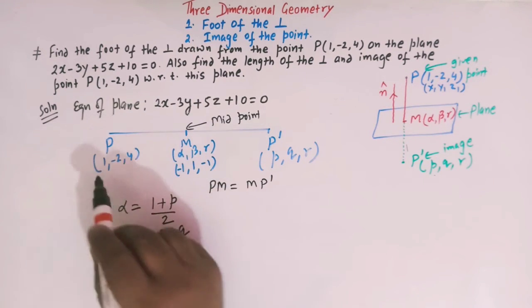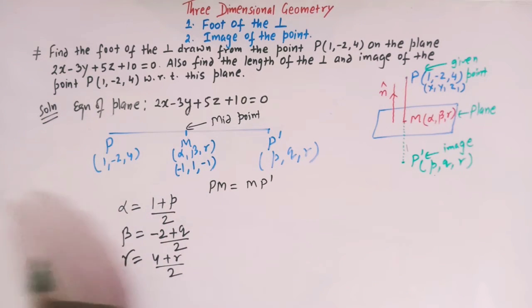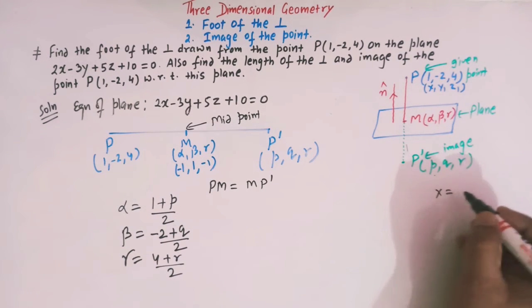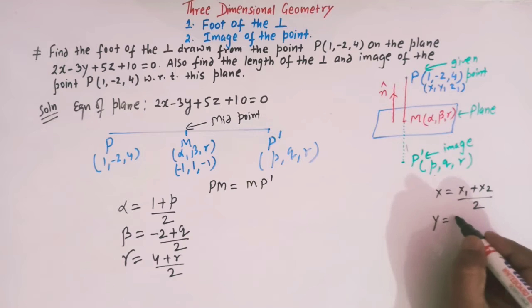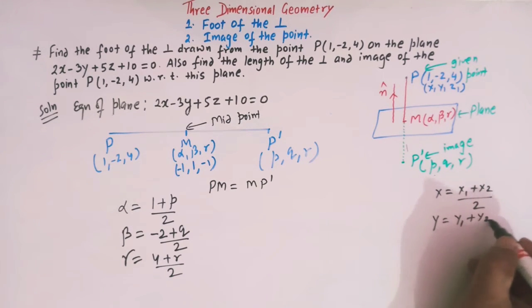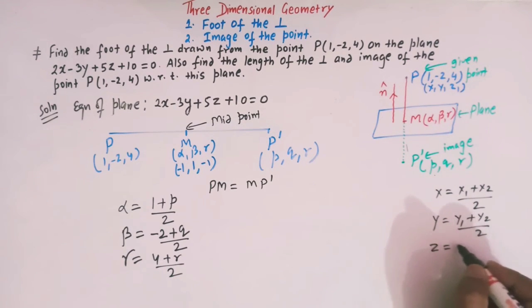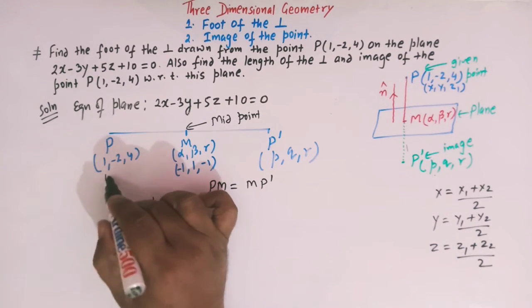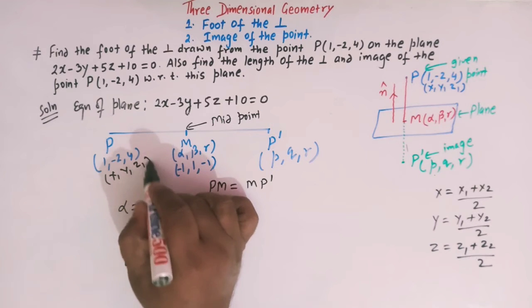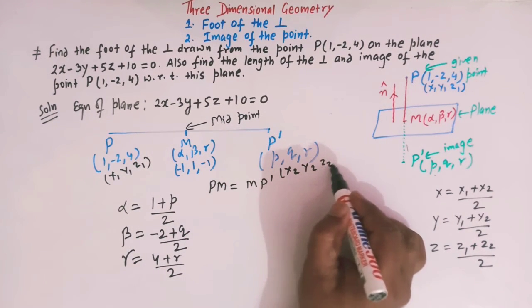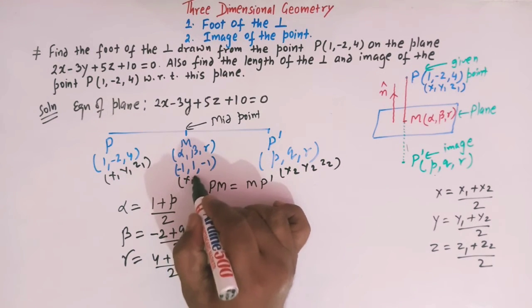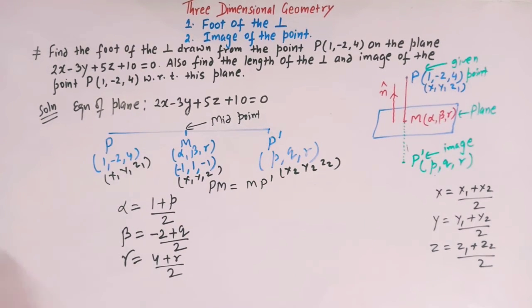So here we are applying the midpoint formula, and the formula is x is equal to x1 plus x2 over 2, then y is y1 plus y2 over 2, and z is z1 plus z2 over 2, right? So this point can be taken as x1 y1 z1, this point can be taken as x2 y2 z2, and this point can be taken as x, y, and z, right?